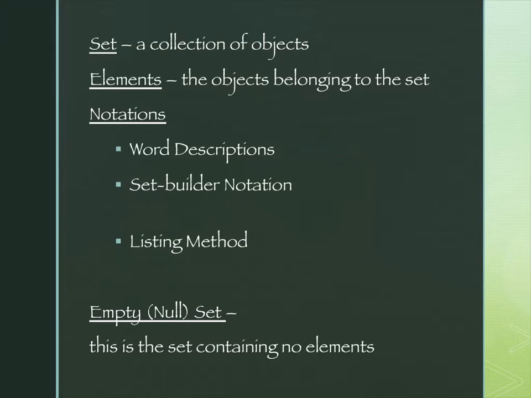There are different notations for sets. There are three in particular that we are going to look at. The first is called a word description. These word descriptions are very much like the ones I just gave you out loud. I said it could be the books, it could be the playlist, it could be this classroom. So I'm going to give you one that's a little mathematical in context so that I can show you how it plays into the other two notations.